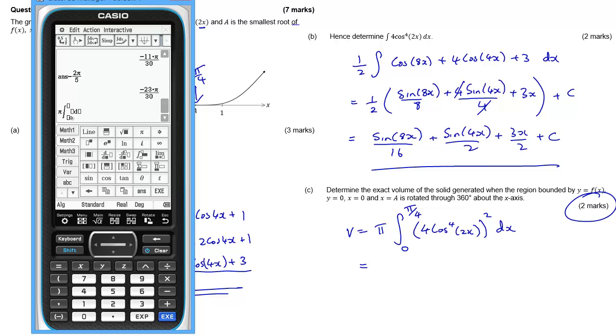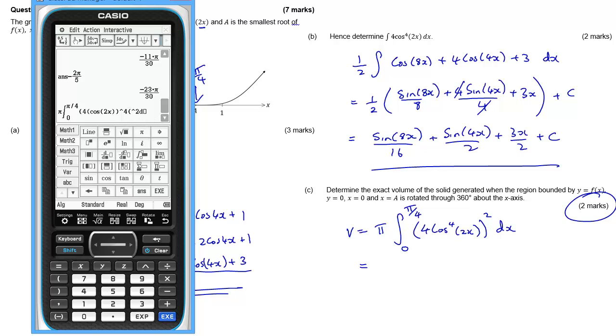So I'll put pi outside, and then we've got 0, and up here we need to have pi by 4, and then in here we're going to have 4, and then we've got cos of 2x, and that needs to be to the power 4 with the whole thing squared.